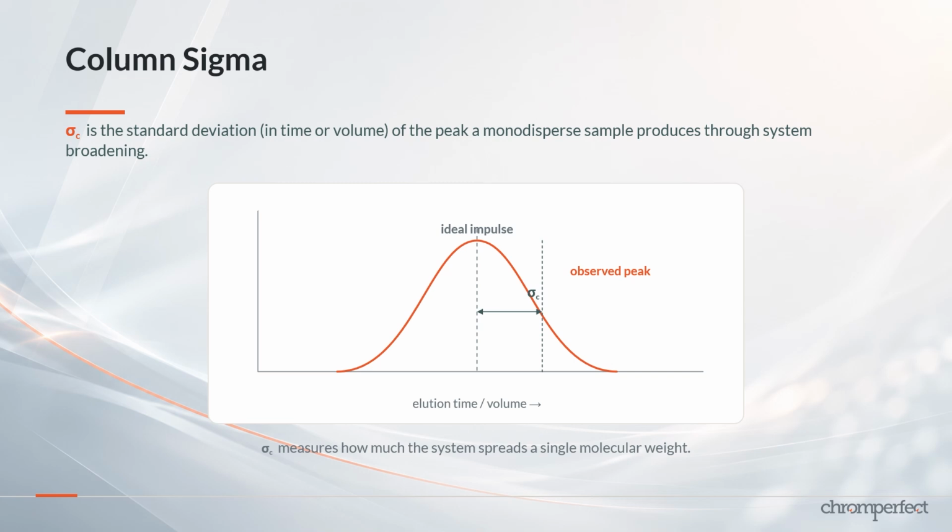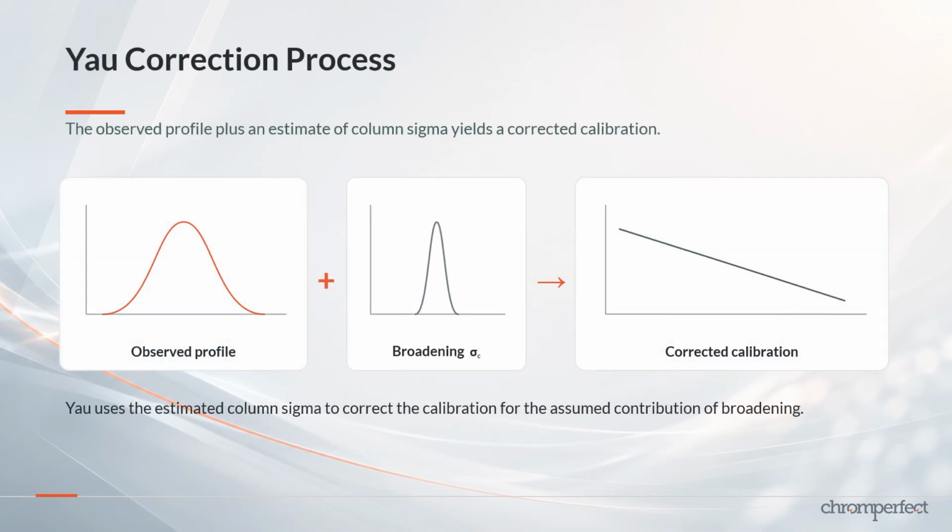The observed broad standard profile contains both the genuine molecular weight distribution of the standard and the additional spreading introduced by the chromatographic system. Using the column sigma estimate, the Yau method corrects the calibration relationship to remove the counterclockwise rotation associated with the ordinary Hamilec result.